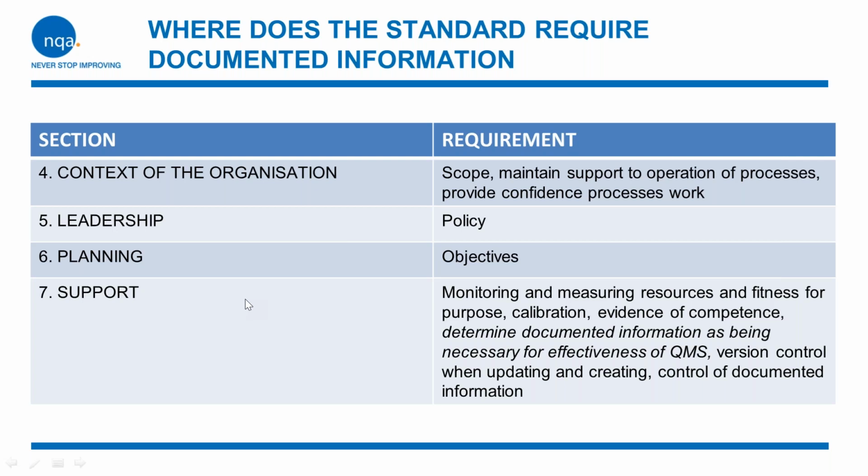Something that's really key is that it tells us that the company must determine documented information as being necessary for the effectiveness of the QMS. So what does that really tell us? Well, if you want lots of documentation, of course you can have it. If that's how you feel you can best control the management system and help people adhere to it and be aware of it, that's absolutely great.